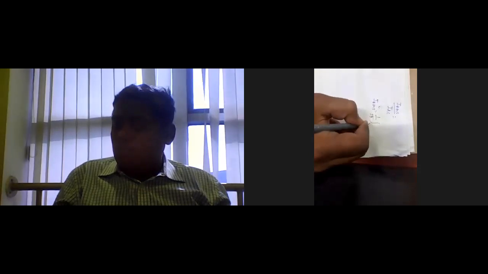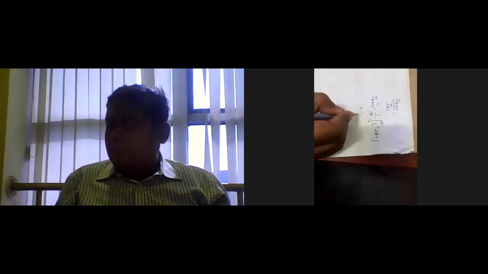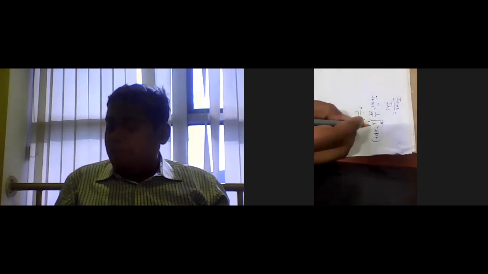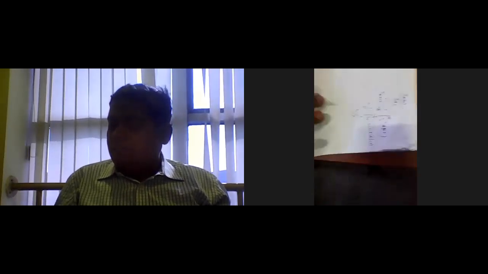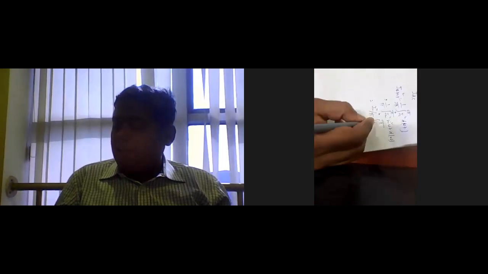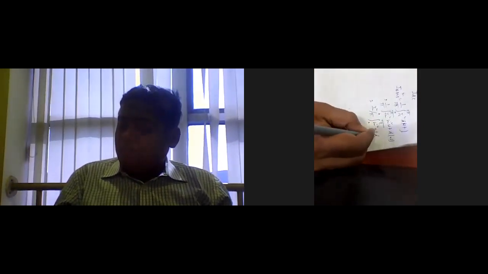So before that, you just evaluate IRMS square, that is equal to 1 by 2 pi integral 0 to 2 pi IL square d of omega t. This is the value of the IRMS square. So it is 1 by pi integral 0 to pi Im square sine square omega t d of omega t. So Im square by pi integral 0 to pi sine square omega t d of omega t.